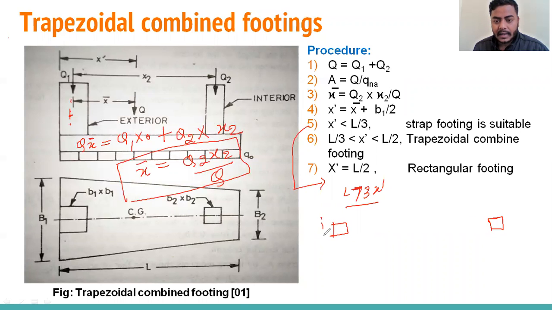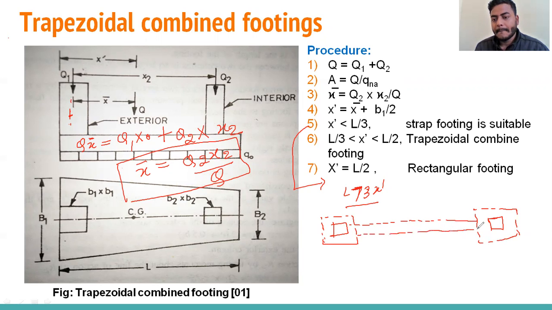So what we do, we design a strip footing, and we design a beam as a connecting link between both footings. So this is called a strap footing.